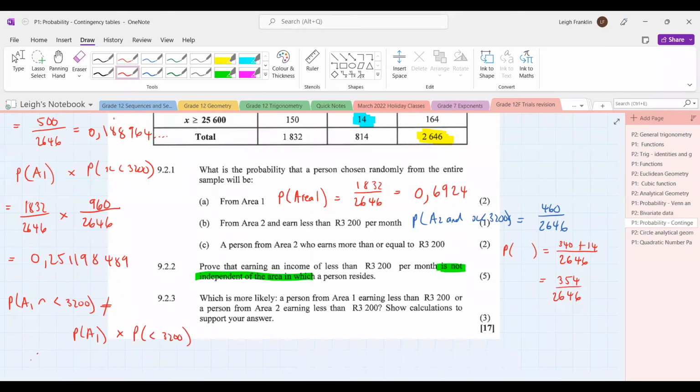So therefore, again, we've got to answer the question: the events are not independent. Does that make sense to everybody?